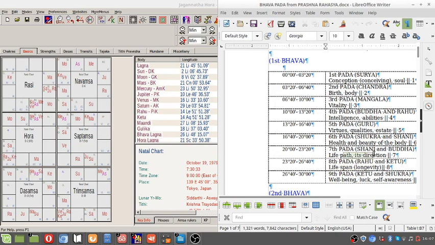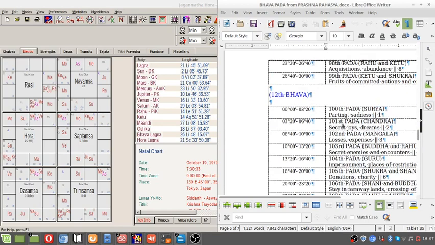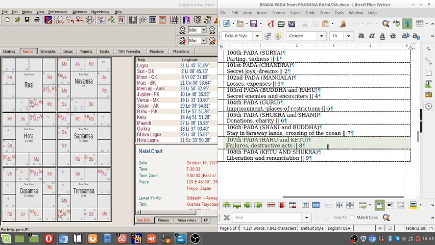That means it is 2 padas behind. So if lagna would become the first pada, that would make Venus in the 107th pada. And that is the signification: failures and destructive acts.